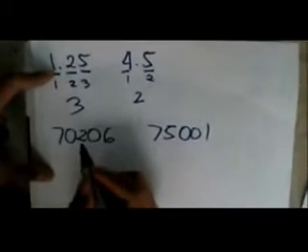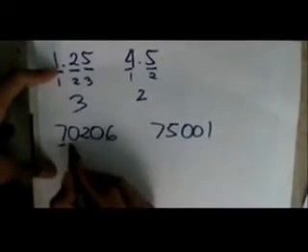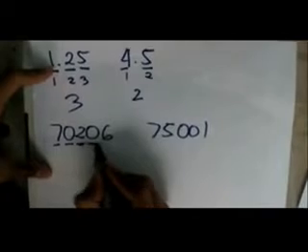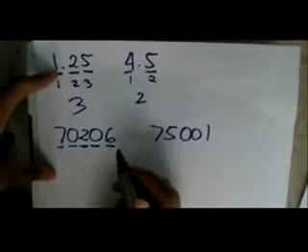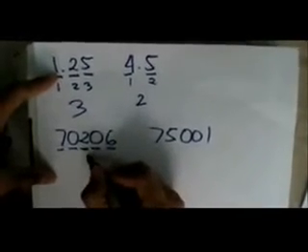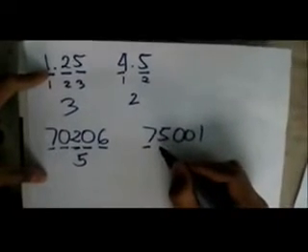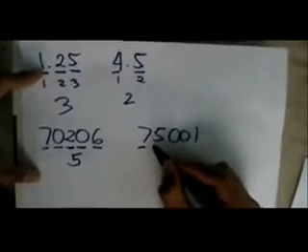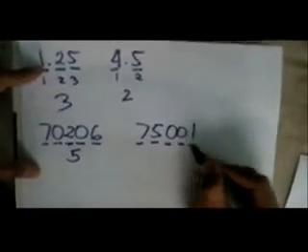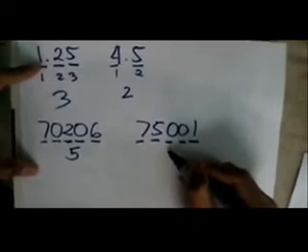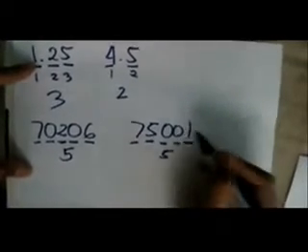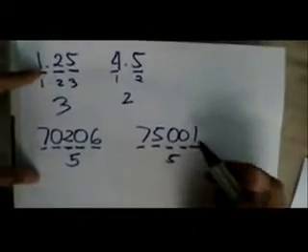Let's count all the significant figures. 1, 2, 3, 4, 5. For the first example, there are 5 significant figures. For the second example, 1, 2, 3, 4, 5. There are also 5 significant figures, though there are zeros in between them.